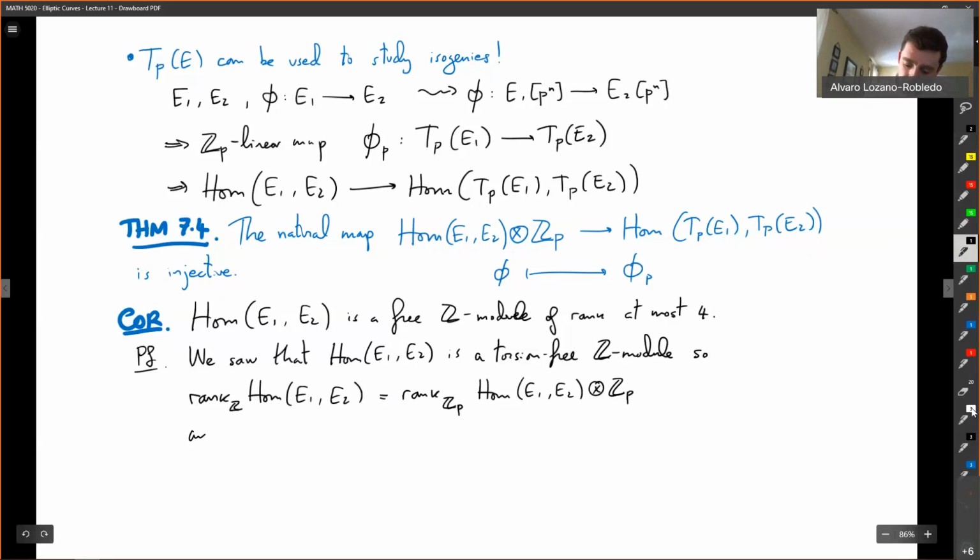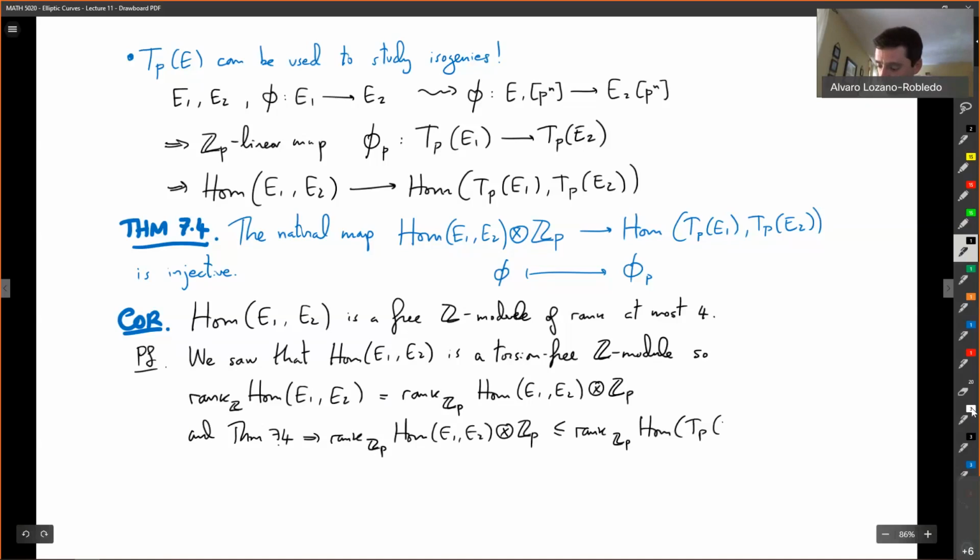And by theorem 7.4, the rank of the Zp module Hom(E1, E2) tensor with Zp is less or equal to the rank over Zp of the Hom of Tp1 and Tp2.